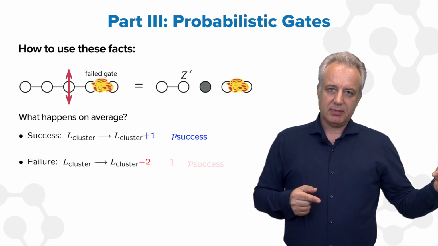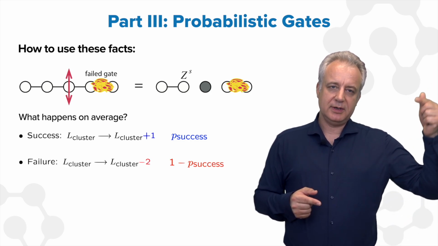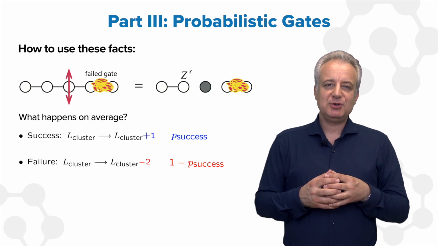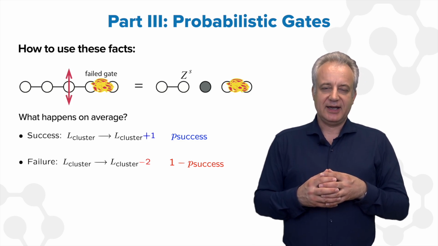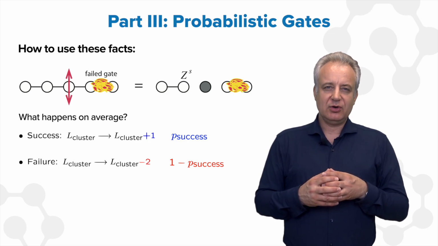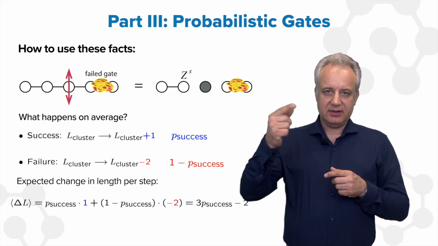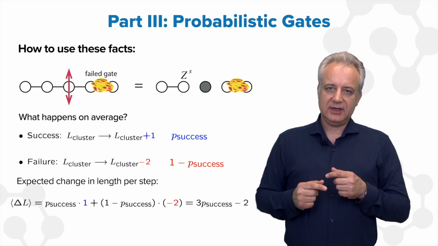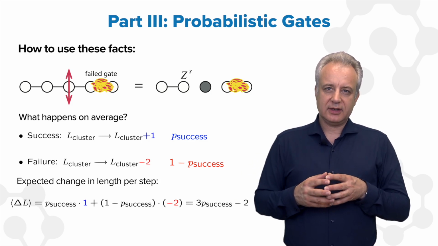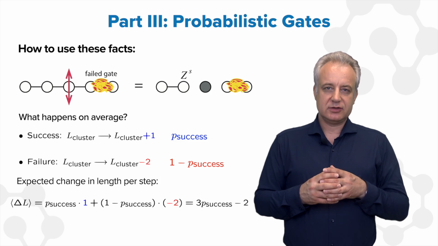With probability 1 minus P, we are reducing the cluster state by 2. And so the change of the length of the cluster state on average is given by this formula here. You see the change in length is 3 times P minus 2.